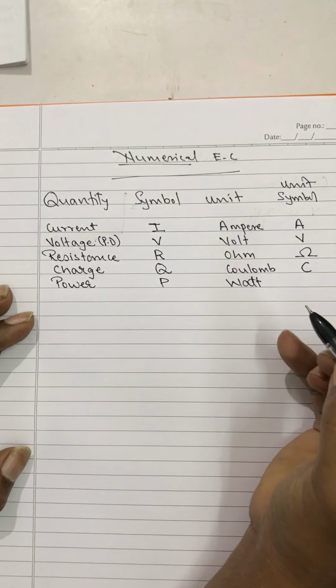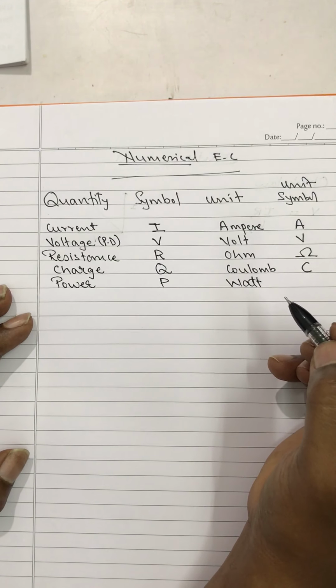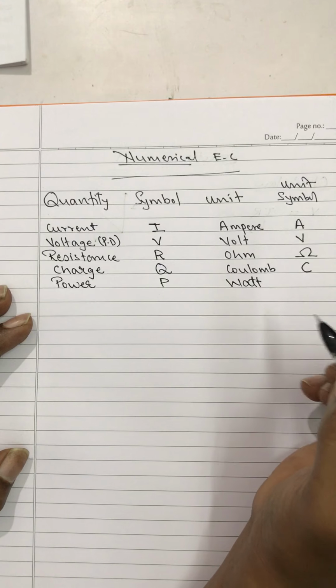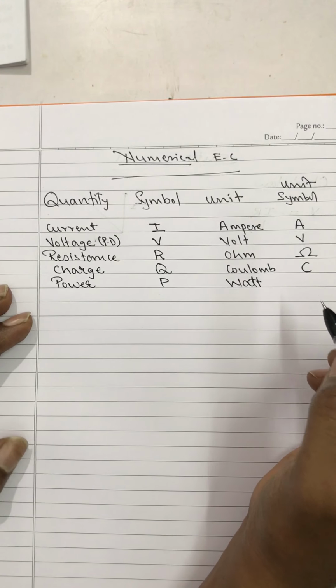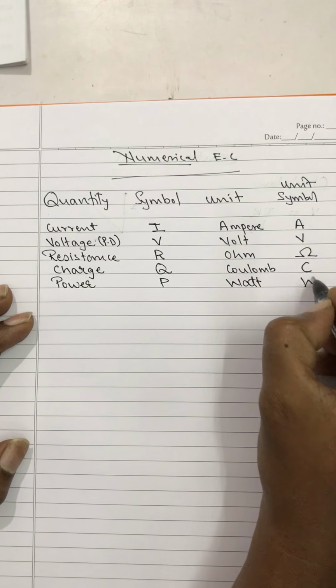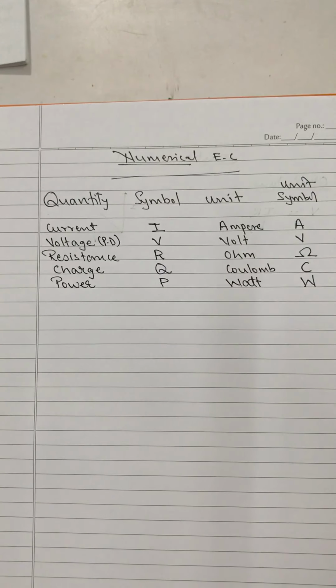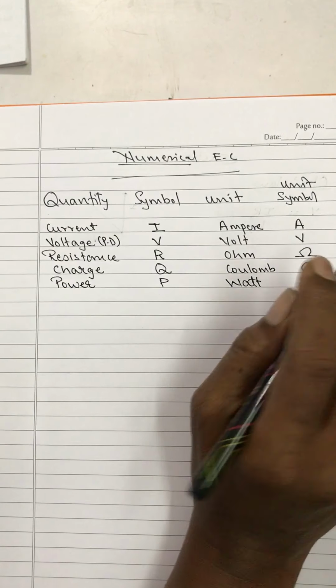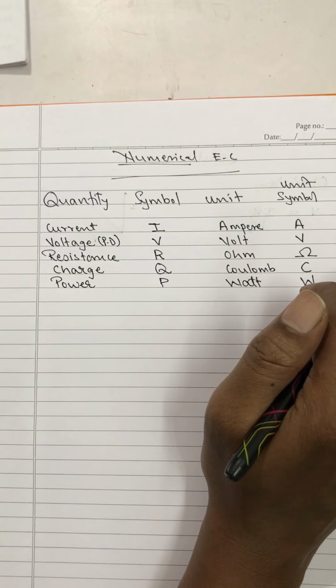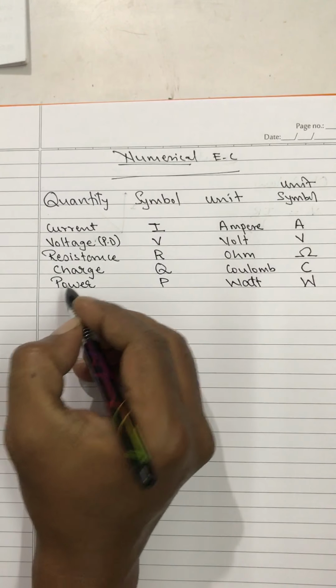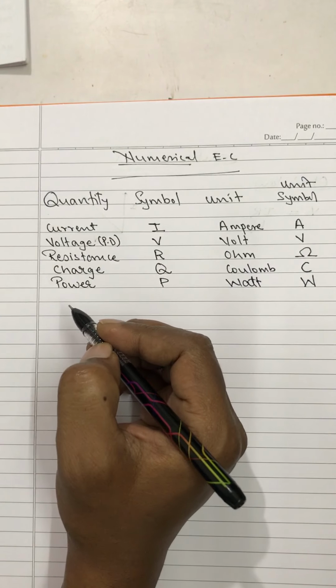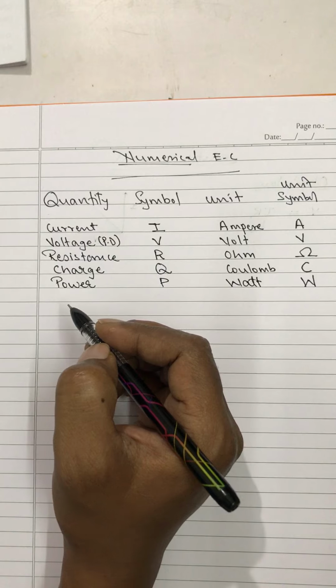Basically, most people pronounce it one way, but I actually believe its right pronunciation is watt. Whatever it is, if you are comfortable with it, you can definitely proceed with it. For me it is watt, and the symbol of that unit is capital W. Of course, apart from this we have time and distance, which is measured in meter.